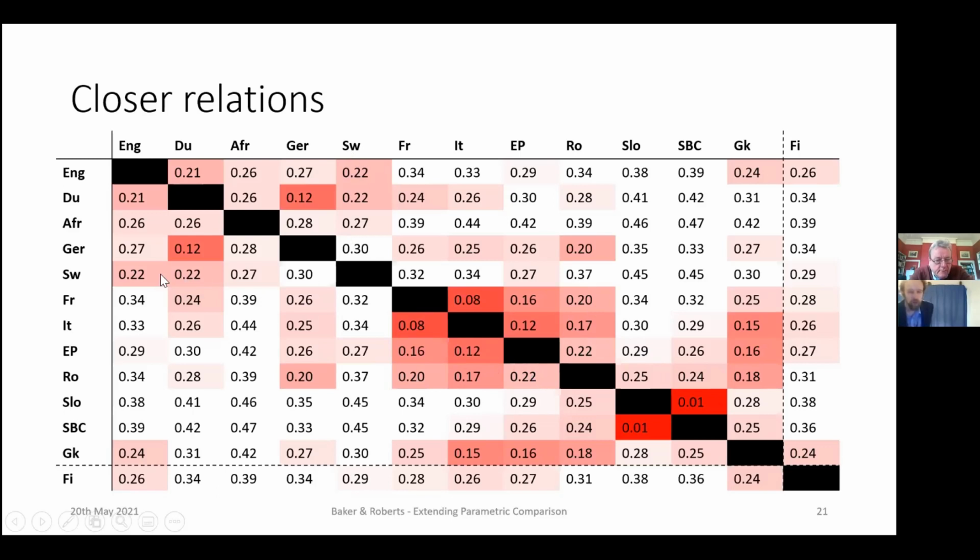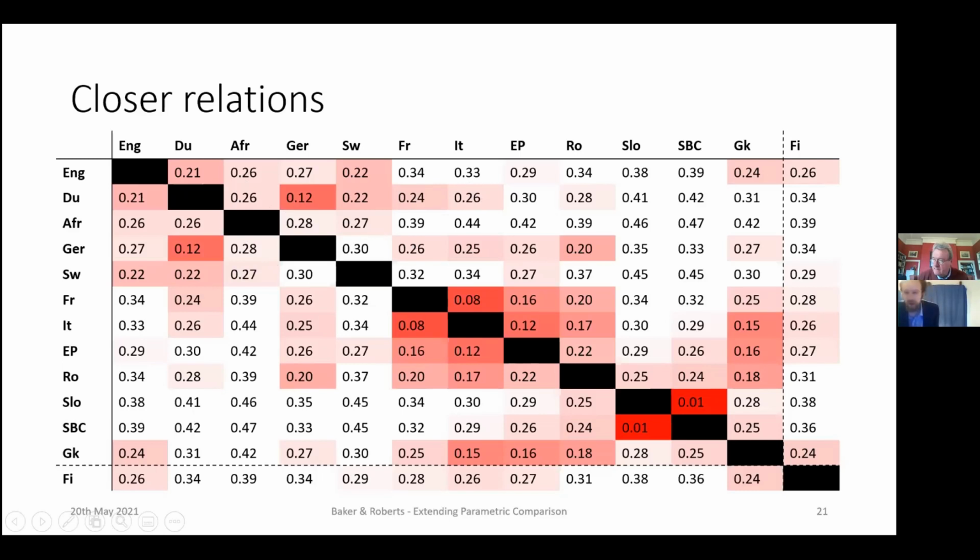And then a looser grouping, but still an apparent grouping, between the Germanic languages. These range from 0.12 between German and Dutch up to 0.30 between German and Swedish. We can note various other interesting properties as well. We can see that Dutch and particularly German are actually relatively close to the Romance languages.